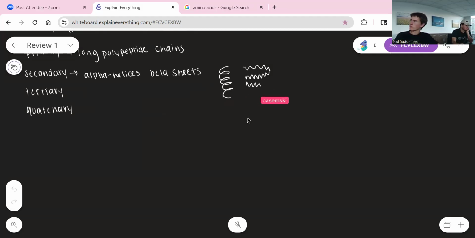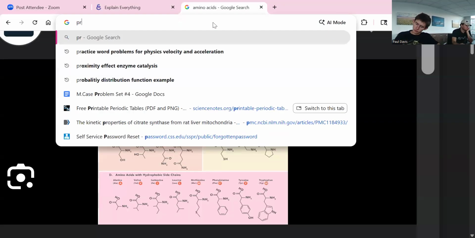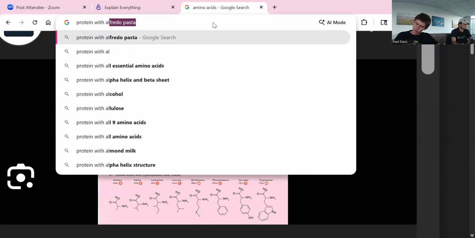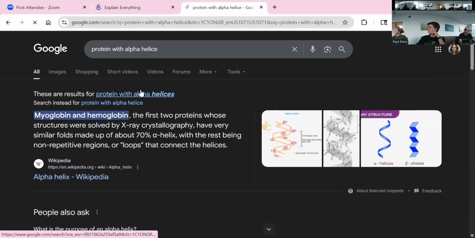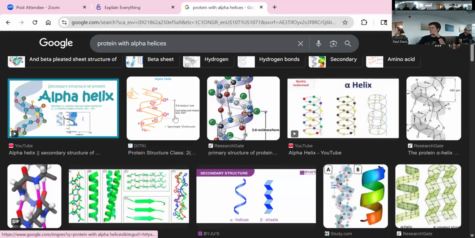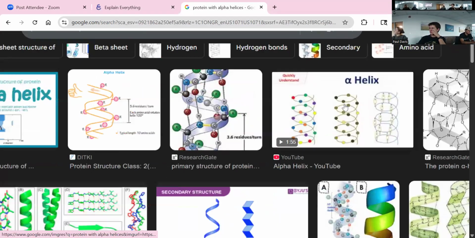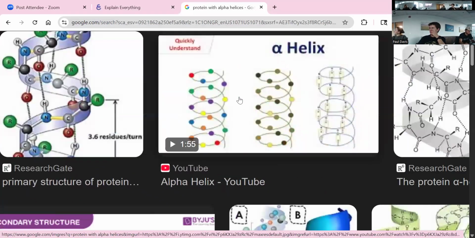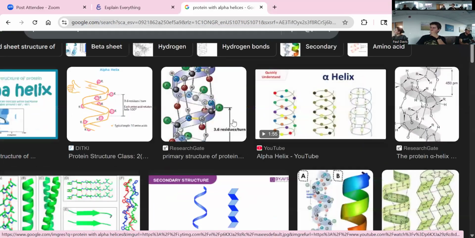And I can pull up what a protein looks like as well, to get a better view. So it kind of looks something like this. See these dots? Those are your amino acids, and they create this helix within the protein.